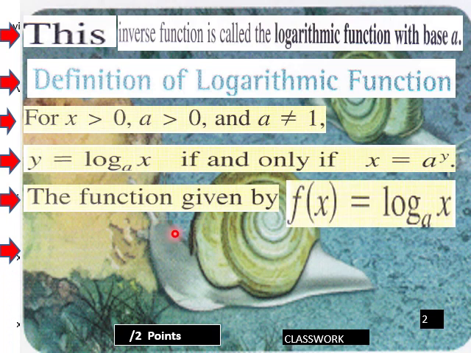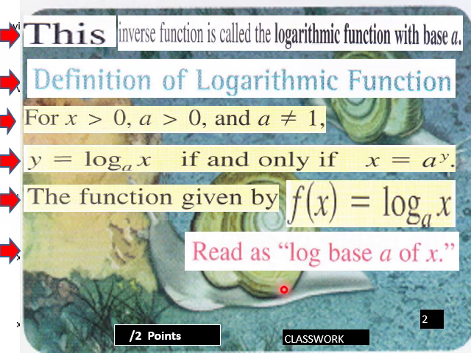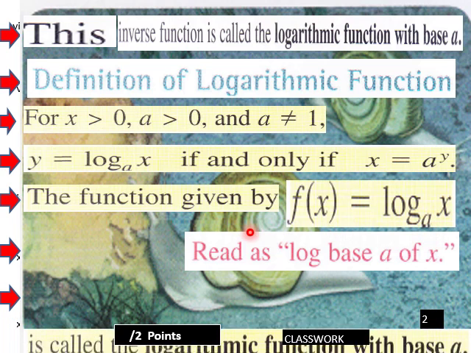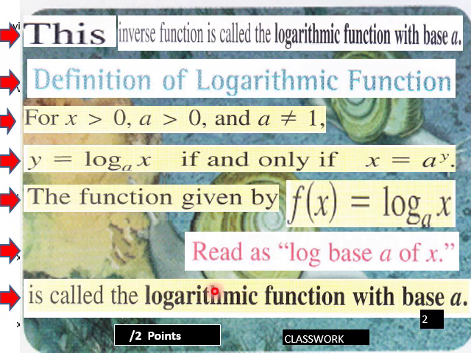The function given by f of x equals log base a of x is called a logarithmic function with base a. So this is on your classwork sheet. Take notes of this, or if you get a note-taking guide, this will be included in your note-taking guide.